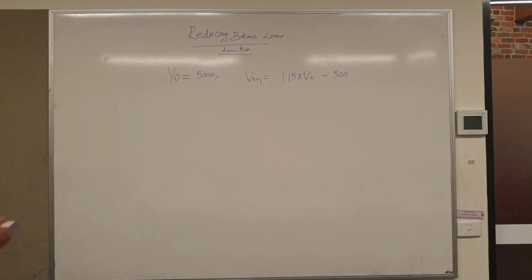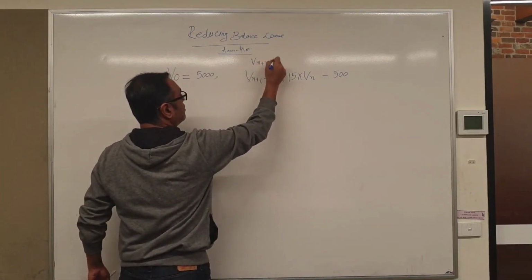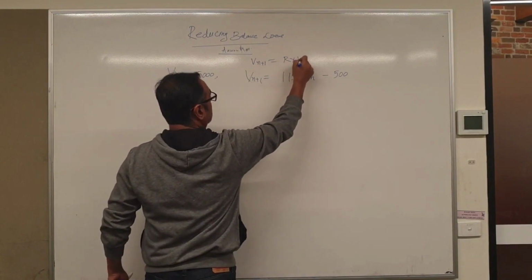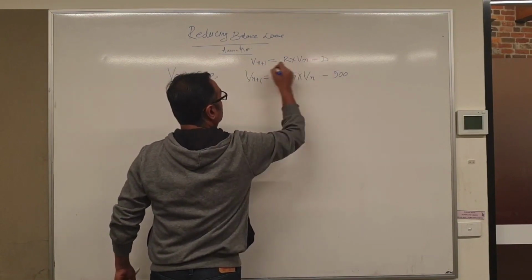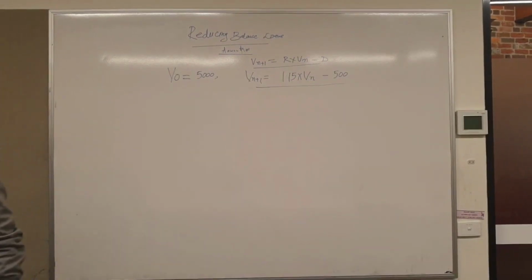I'll write the generic formula on top so you can compare. Ethan, what is the initial investment? 5K. 5K, good.